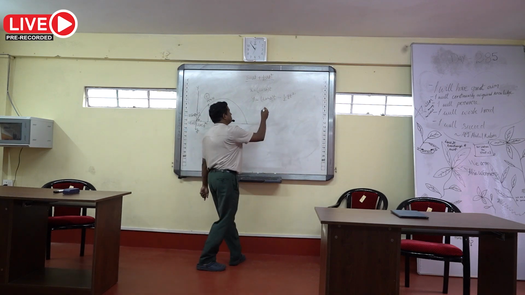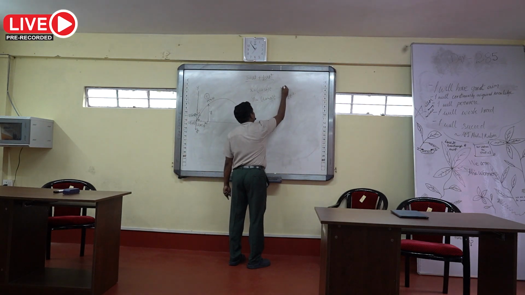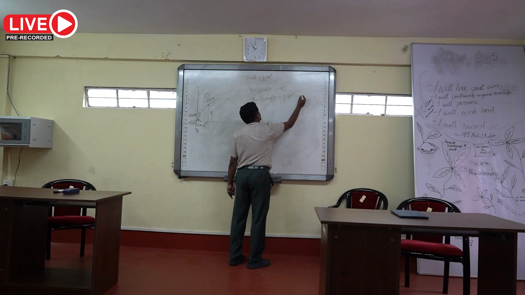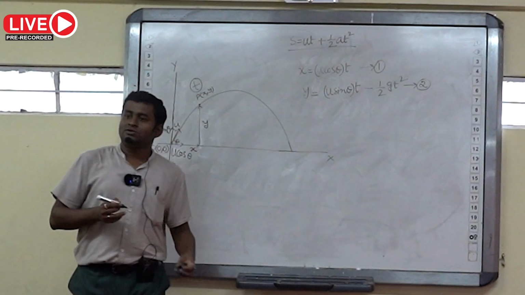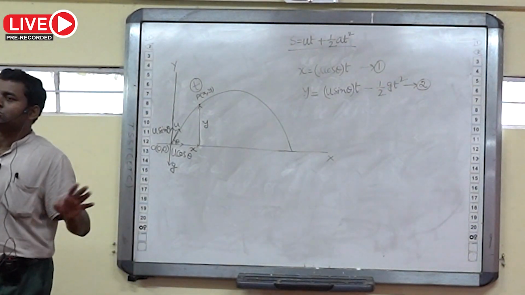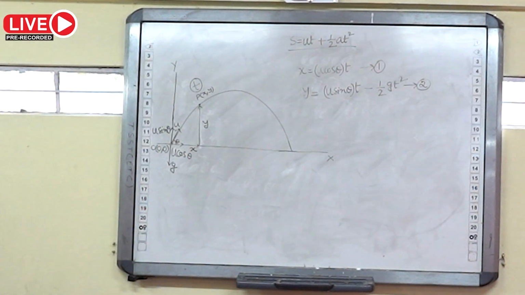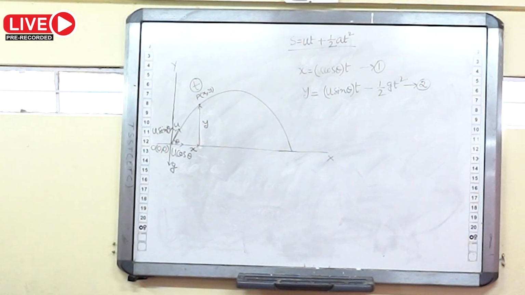So two equations I got, one for horizontal displacement, another for vertical displacement. Now see, again the same situation comes, though the equations are a little bit more complicated than the previous problem of horizontal projectile. The x coordinate is given in terms of time, the y coordinate is also given in terms of time. x and y are geometric coordinates, but time is the parameter.